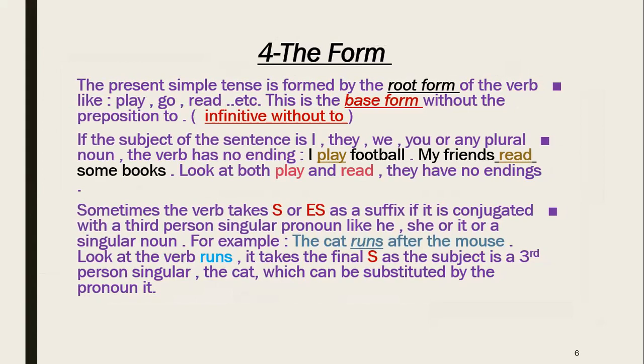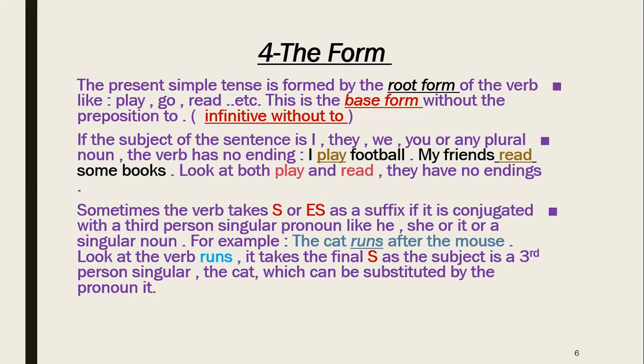Form two or verb two is the past simple. And form three or verb three is called the past participle, and it is used with the perfect tenses. But here, the present simple is the base form of the verb, like go, like play, like read.